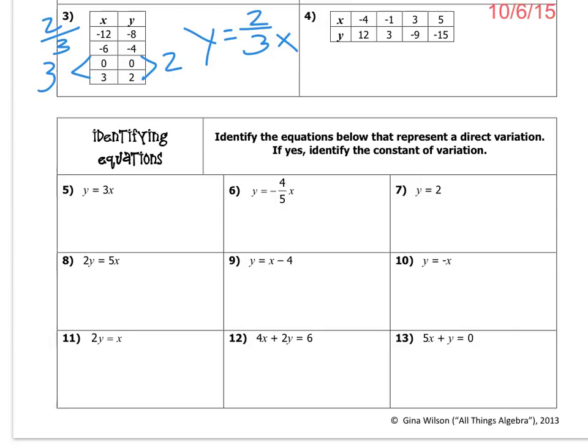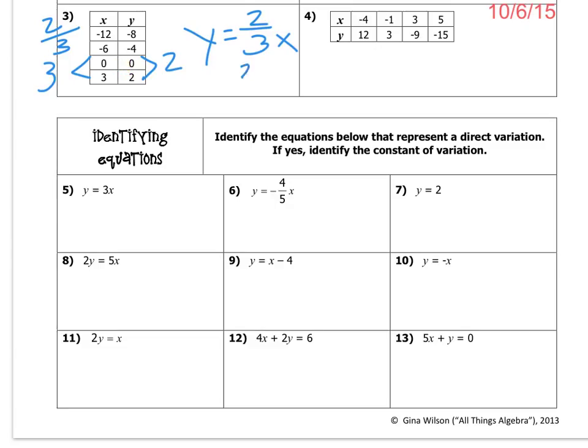Let's plug in for x here. Where x is -6, I'm going to multiply and I should end up with an answer of -4 if we did this correctly.